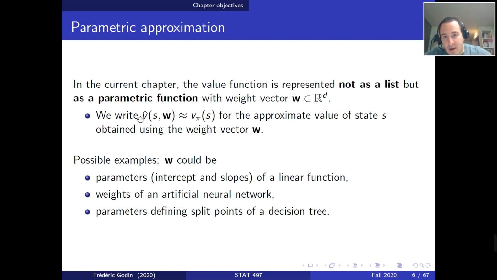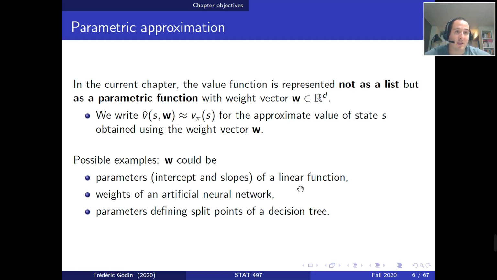Okay, so what could that v hat be? And what would these W's be? This function v hat can be many things. For example, we could have v hat being a linear function, and here the W's could be the intercept and the slopes of that linear function. V hat could be an artificial neural network, and W could be the weights of the neural network.